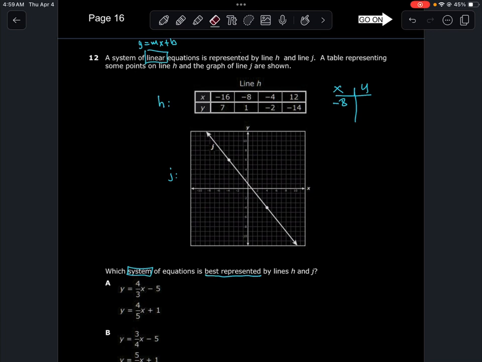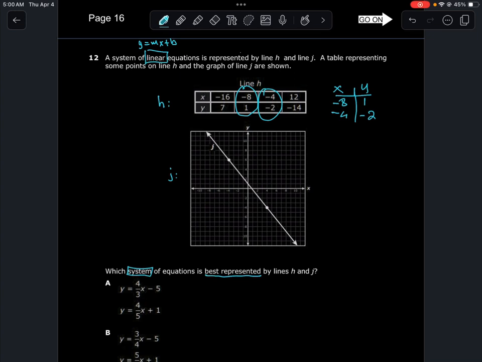Now what is Y? Negative 8 goes with 1. Y is 1. And negative 4 goes with negative 2. So I'm going to write it like that on my graphing calculator. Let me take a note here. Negative 8, 1. Negative 4, negative 2.